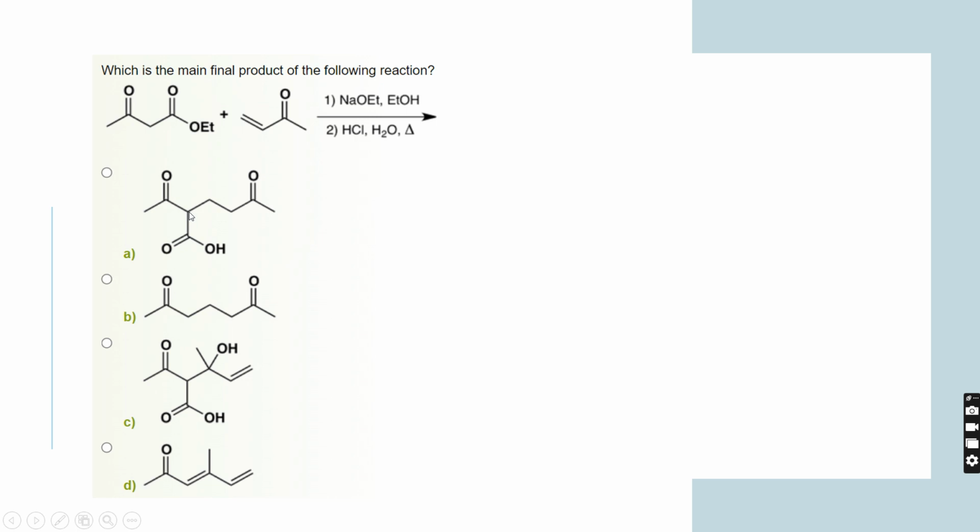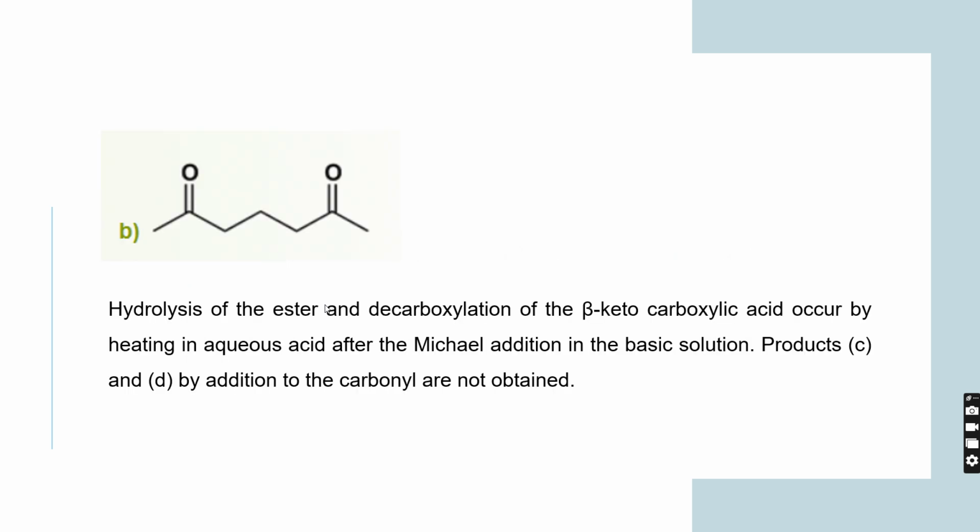So ultimately you are going to get option B as your final main product. So this is the description. Hydrolysis of the ester and decarboxylation of the beta keto carboxylic acid, which is happening in step 2, is giving you this final product in option B.